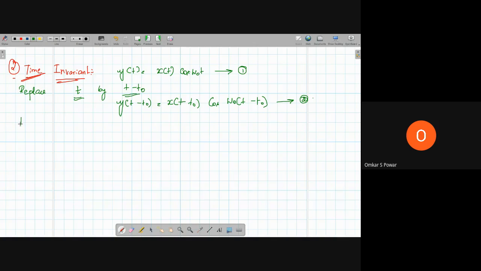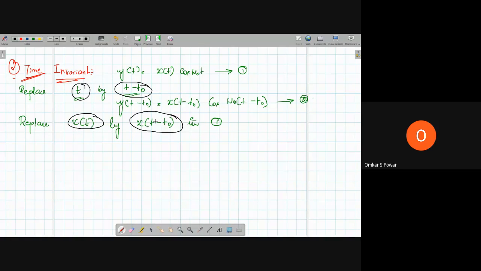In the next step, you have to replace x of t by x of t minus t naught. So let us do that in equation number 1. Previously, please observe what I have done: I replaced t by t minus t naught. In this one, what I am doing is replacing x of t by x of t minus t naught.